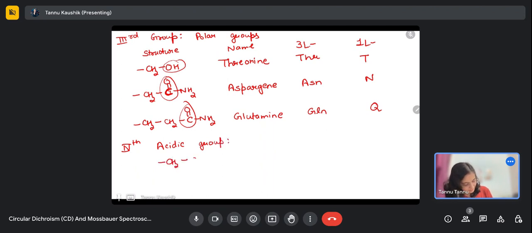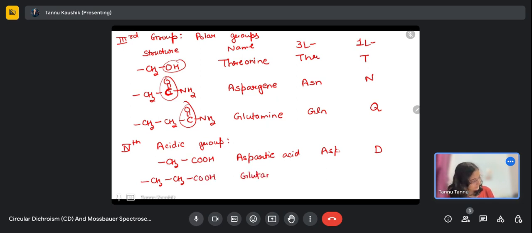First is CH2COOH, that is aspartic acid. Then glutamic acid.